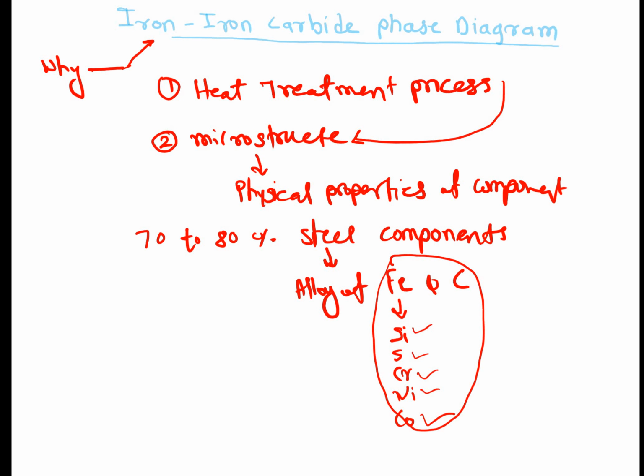That's why we have taken only iron and carbon. So our system is now a binary system, which means we have only two components.